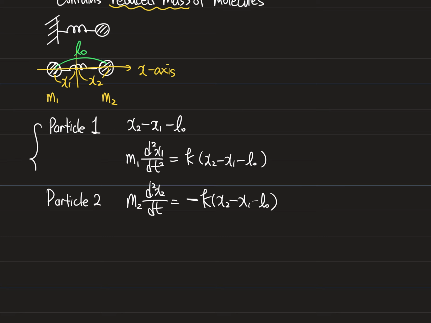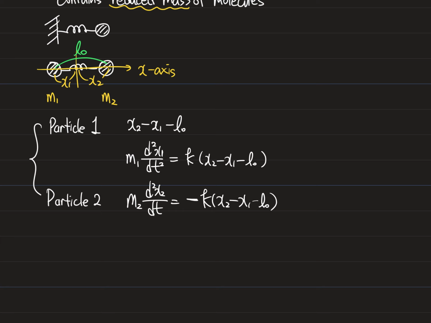Since these two particles are connected to one spring, if the spring is stretched, they tend to restore back to the equilibrium position, so one particle should move to the left and one particle should move to the right. So their force directions should be opposite.